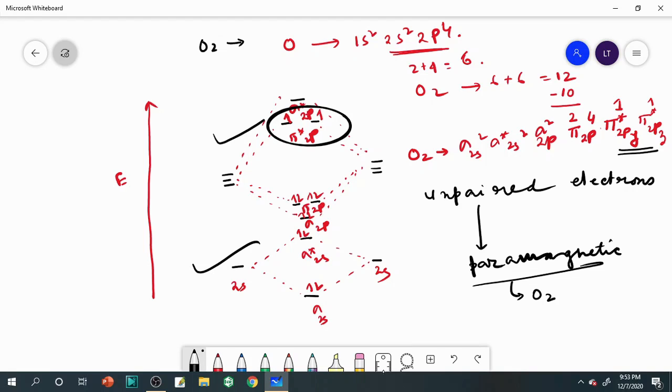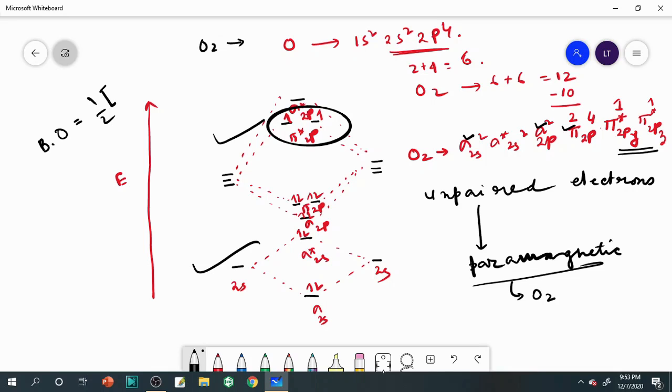Now if you calculate the bond order of oxygen, what will it be? How many electrons are in the bonding molecular orbitals? You see, this is a bonding molecular orbital sigma, this is sigma 2p, again bonding, pi 2p4 again bonding, and the remaining are asterisk, meaning antibonding.